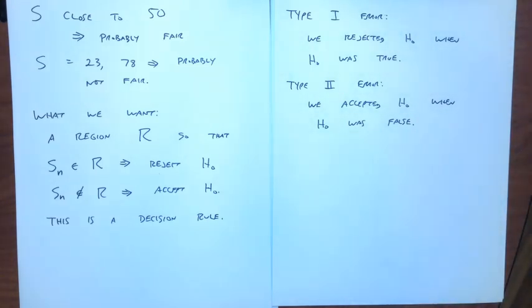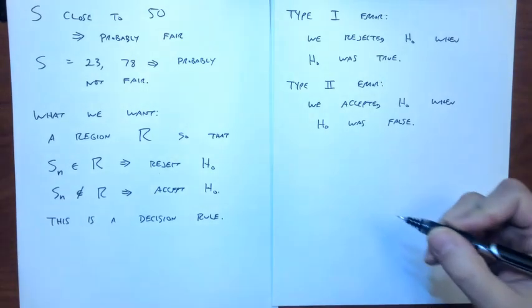Okay, so now, like I said, the setup here is that I know what the null hypothesis is. I know what normal is. I've seen lots of examples of normal, and I can build the distribution of x based on H0.